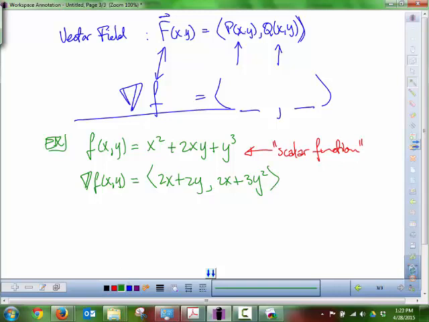Now if we look at this as P and Q, we essentially have a vector field. Right? So the fact that this comes from a gradient says that we can actually call it a gradient field.